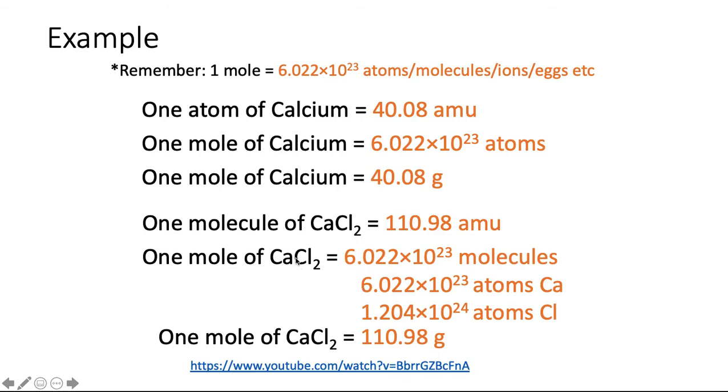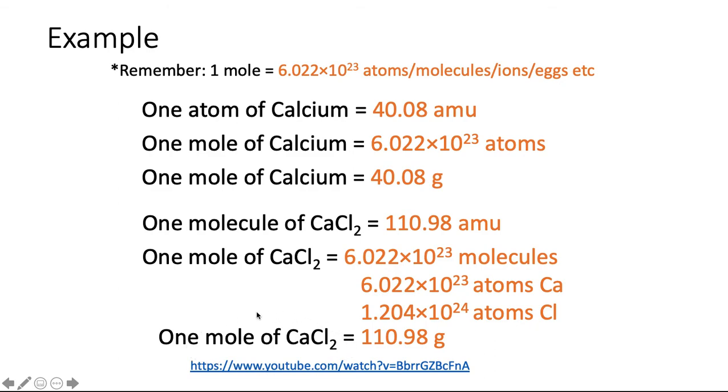For every molecule of calcium chloride, I have 1 calcium and 2 chloride. So I have 6.022 times 10 to the 23rd atoms of calcium, but double the atoms of chlorine, which is 1.204 times 10 to the 24th atoms of chlorine. In 1 mole of calcium chloride, I have 1 mole of calcium and 2 moles of chloride.